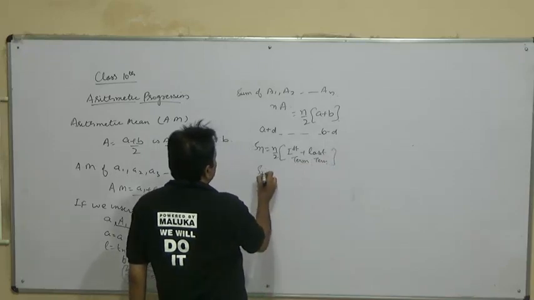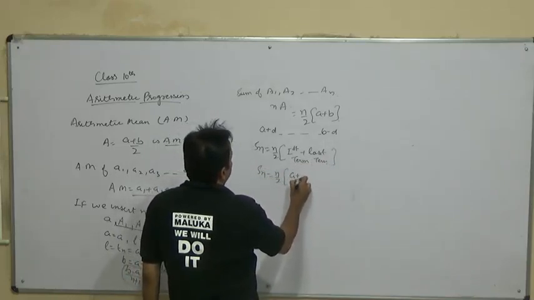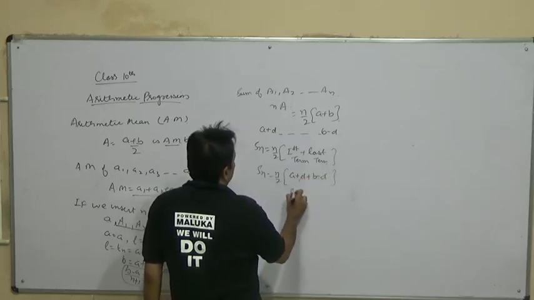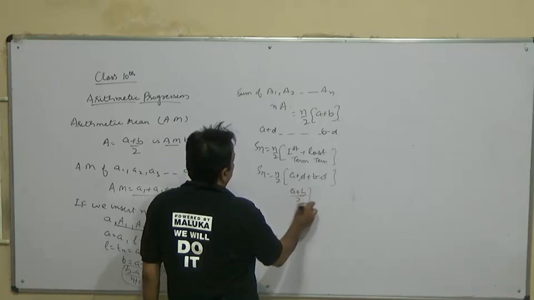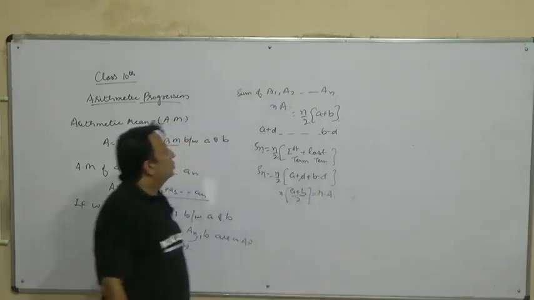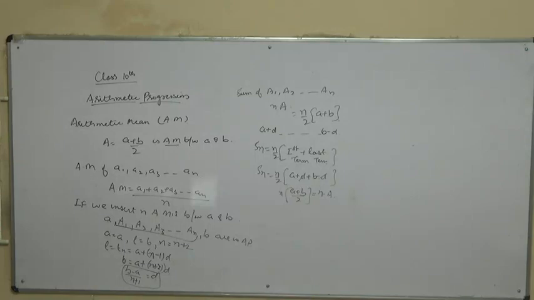So Sn is equal to n by 2 into (A plus D plus B minus D). D कैंसिल हो जाएगा. (A plus B) upon 2 into n, which is n into A. So the sum of all the arithmetic means is equal to n into the single arithmetic mean between the numbers.